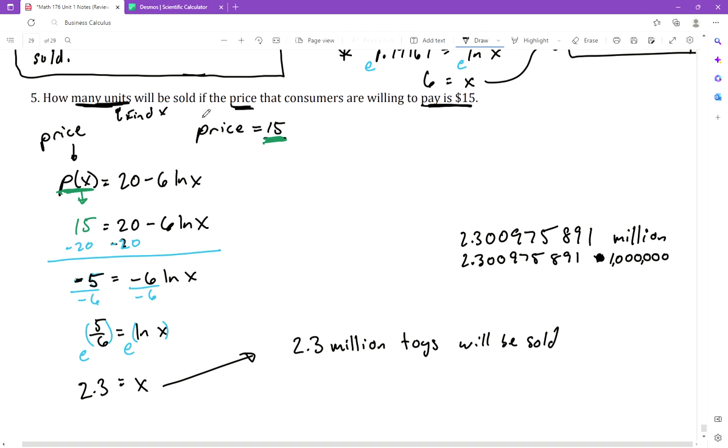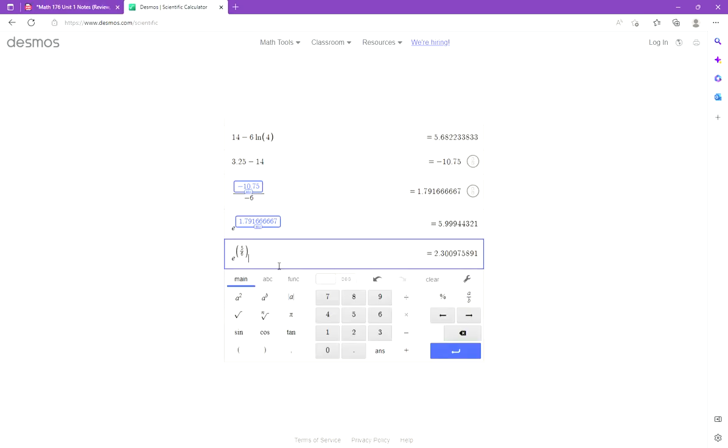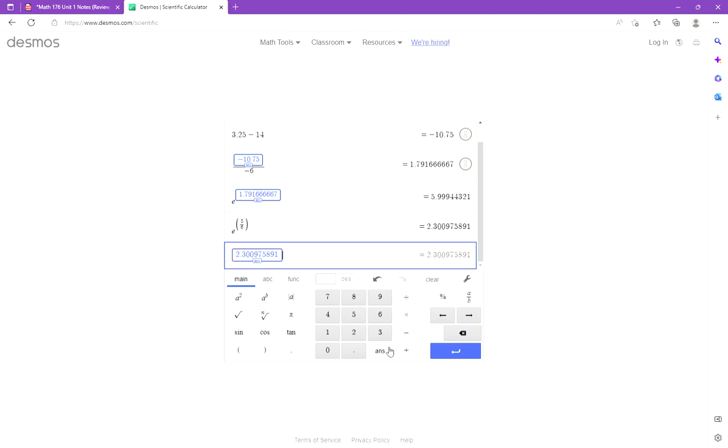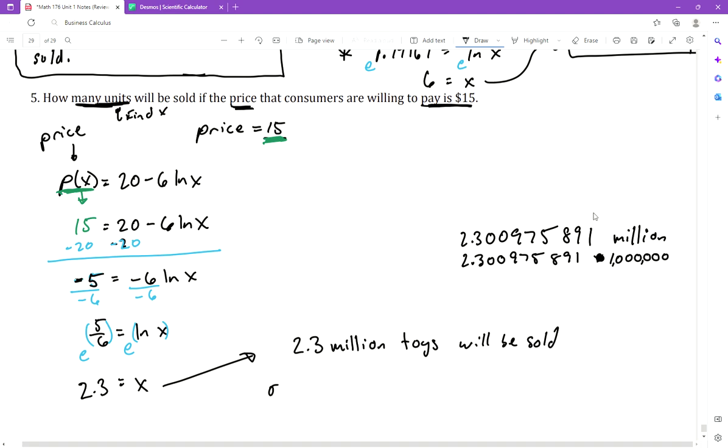If I multiply that by 1 million, the answer is, and they might round that in case they wanted it to the nearest toy, 2,300,976 toys.